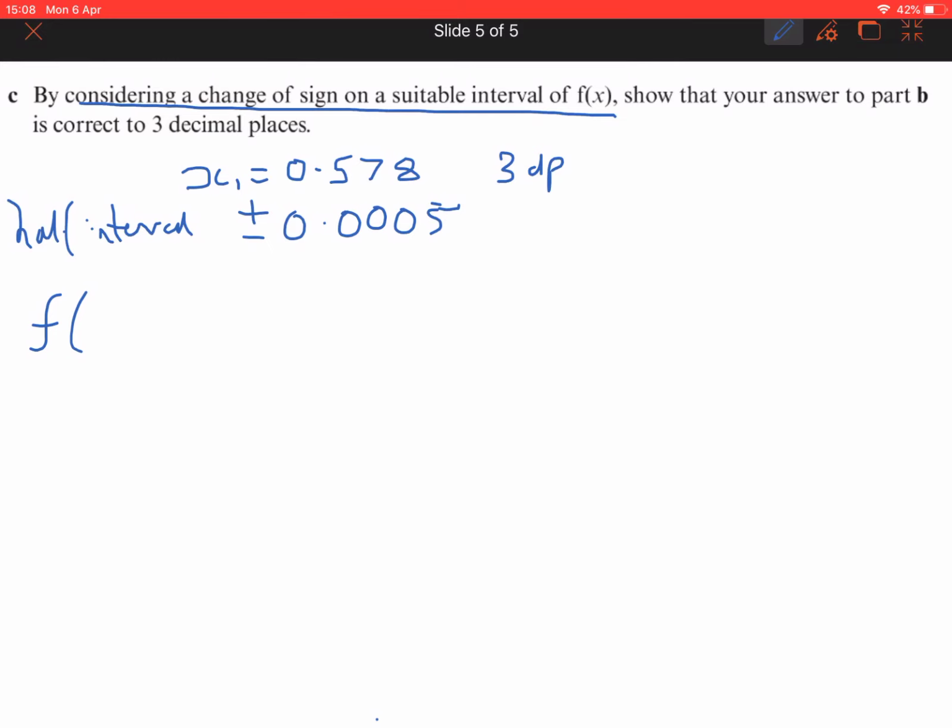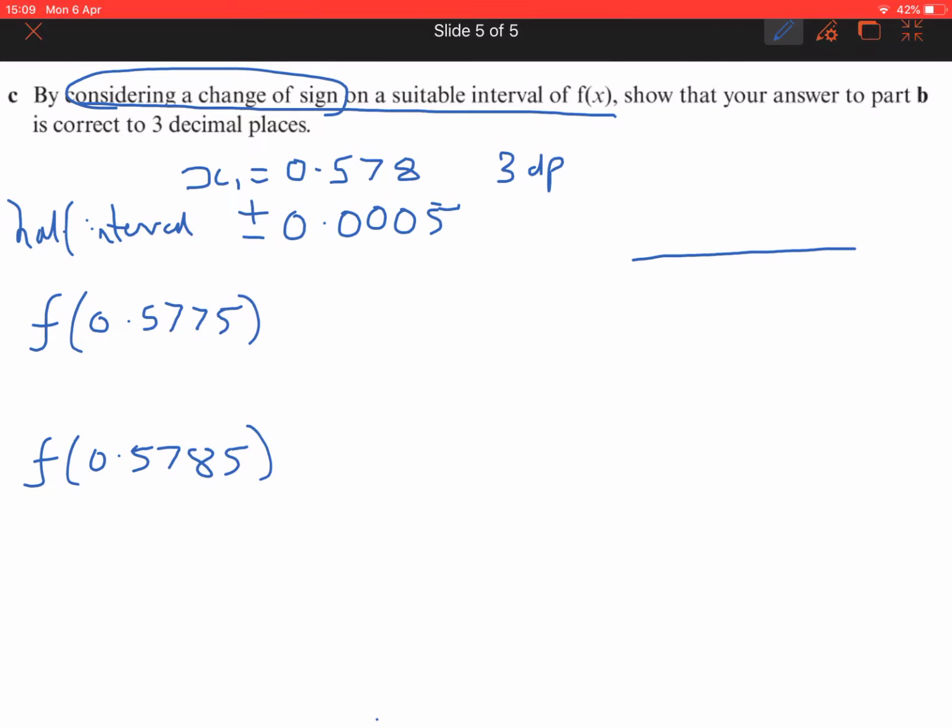If I take off 0.0005, it'll be 0.5775, and if we add on, it'll be 0.5785. So what I'm looking for is this change of sign. I'm looking for one of these to be negative and one of these to be positive.